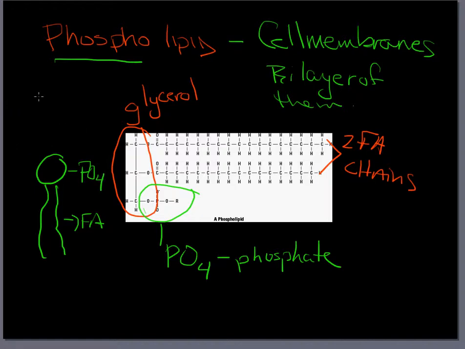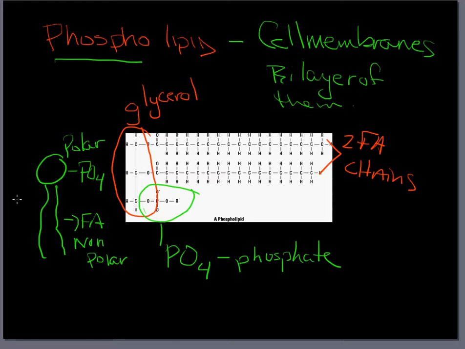This becomes charged. So this is a polar region. And these guys down here are nonpolar. So it's an interesting structure because you have this polarized region up here, and then you have these tail regions down here that are nonpolar.